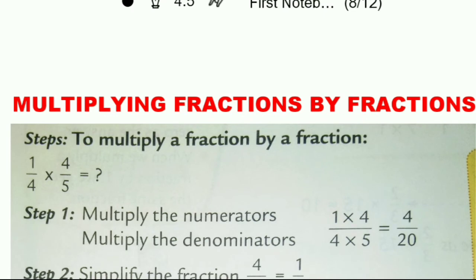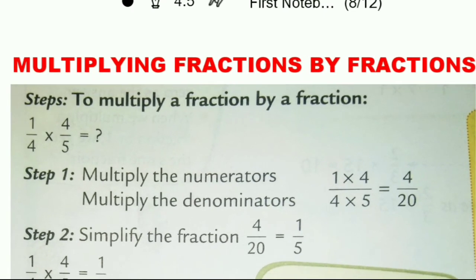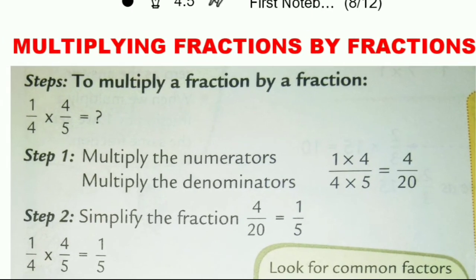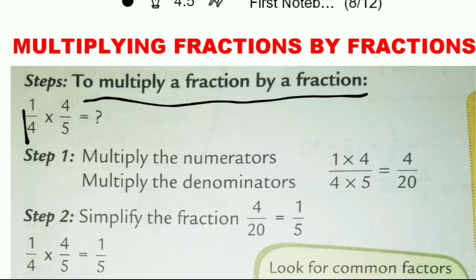Next topic is multiplying fractions by fractions. Okay, multiplying fractions by fractions. Earlier it was whole number by fractions. Whole number means only one number. See, to multiply a fraction by a fraction, for example 1 by 4 multiplied by 4 by 5. In this one, if we are having the same number, we can cancel also, but the cancellation will be cross cancellation.